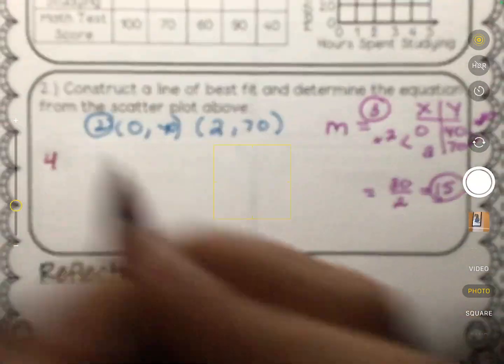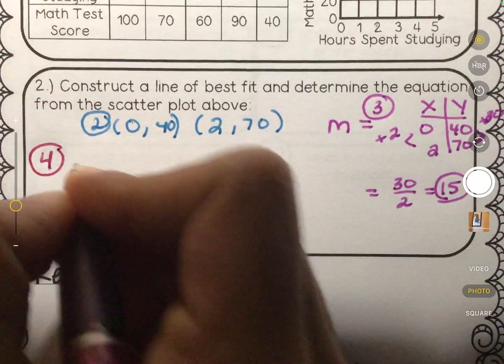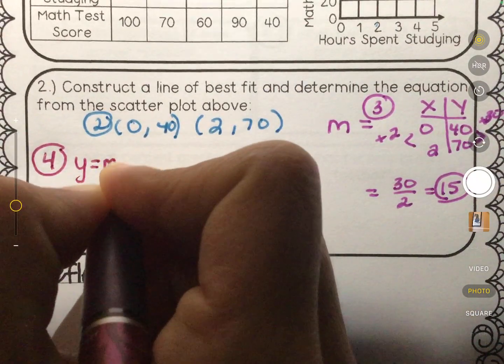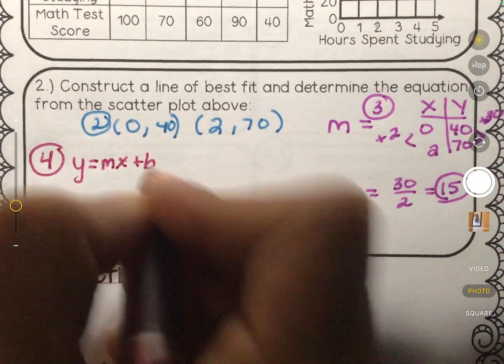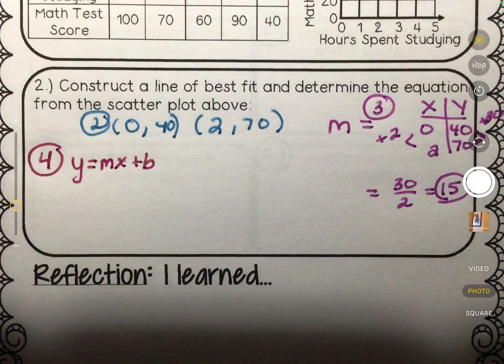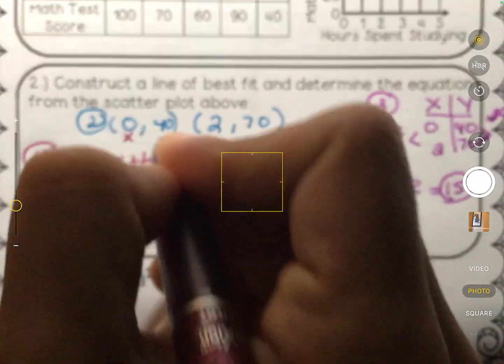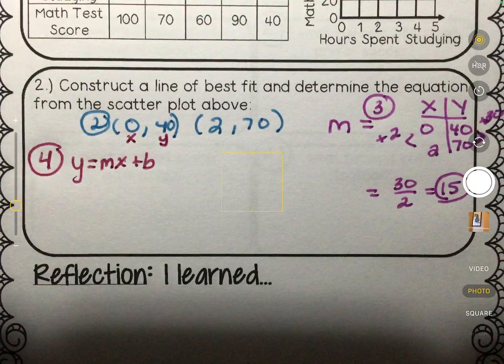All right. Step number 4. Y equals mx plus b. We are solving for the b value. I'm going to pick either one of them. It's always easiest if my point has a 0 in it. So this point with this 0, I'm going to use that one because it has a 0 and it's going to make my life easier.